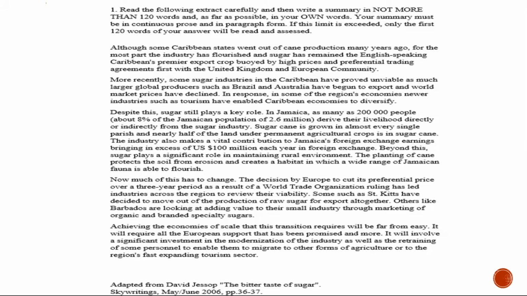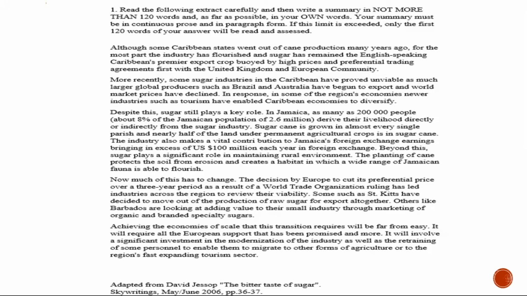In Jamaica, as many as 200,000 people, about 8% of the Jamaican population of 2.6 million, derive their livelihood directly or indirectly from the sugar industry. Sugarcane is grown in almost every single parish, and nearly half of the land under permanent agricultural crops is in sugarcane.